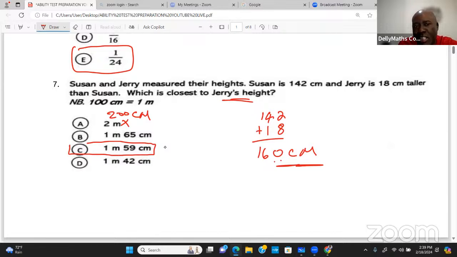The question says, which is closest to Jerry's height? So number 7, the answer should be C right there. We add the numbers, make sure that we see what they're saying, and we pick that up. The answer is C for number 7.